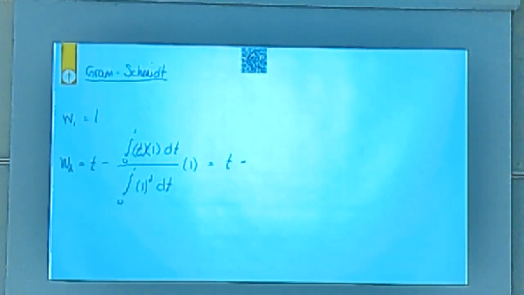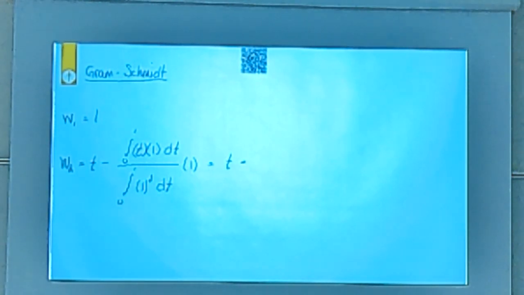What is the integral of t from 0 to 1? That's the antiderivative. What's the integral? And half t squared, how do you evaluate that?